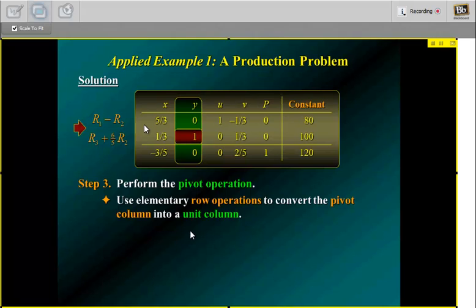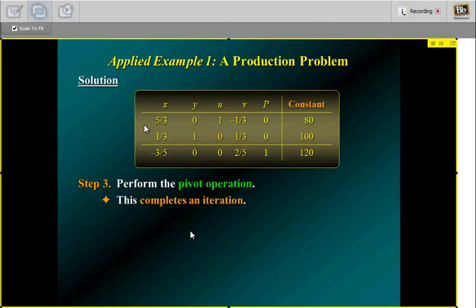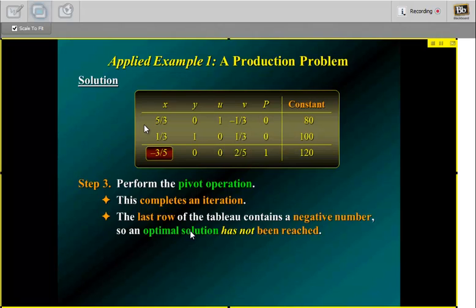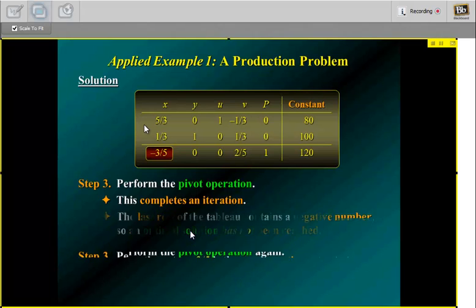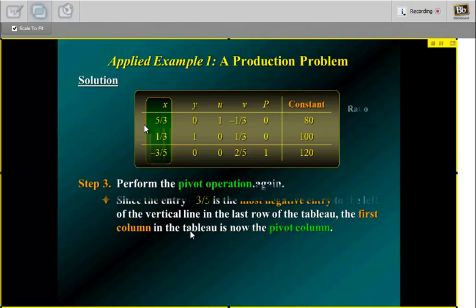So we apply the same operation again here, and this is the pivotal element. Now we want this pivotal element to be 1. We will multiply it by 5 by 3, so it will be equal to 1.